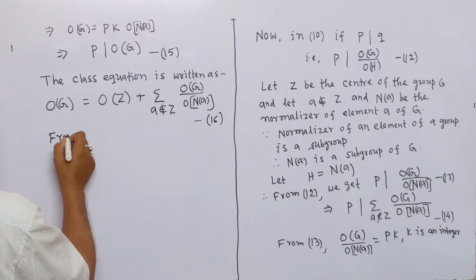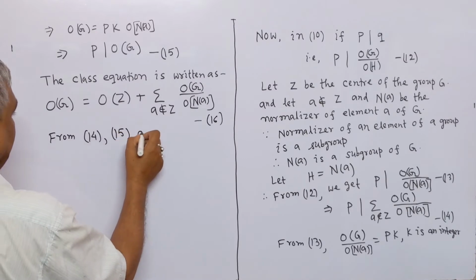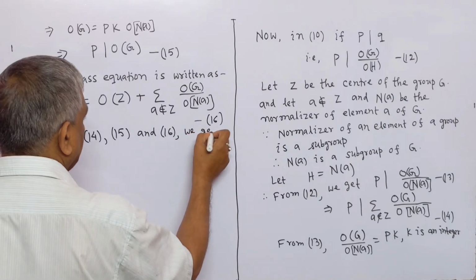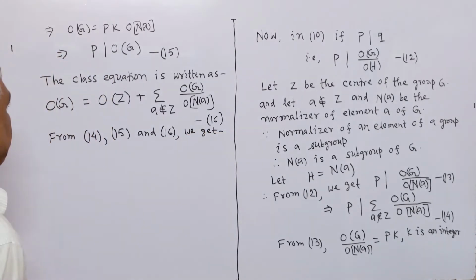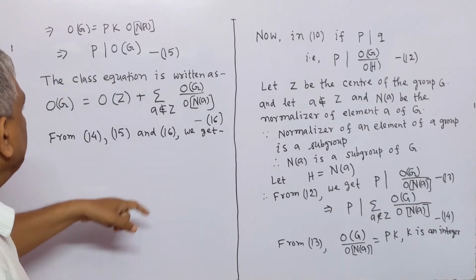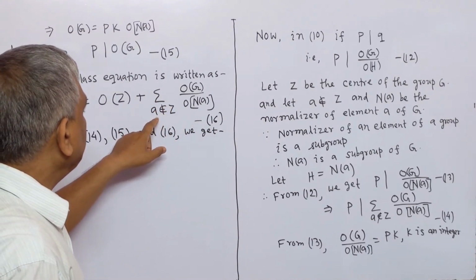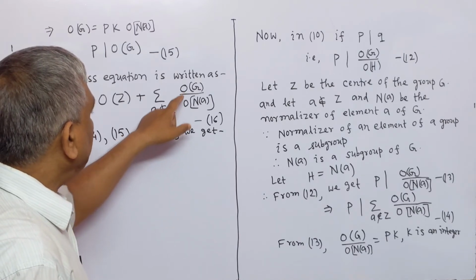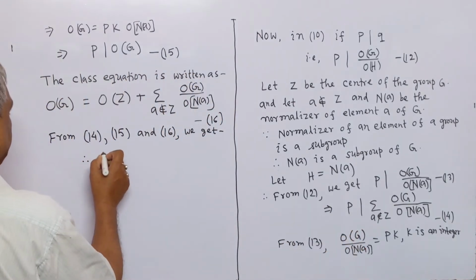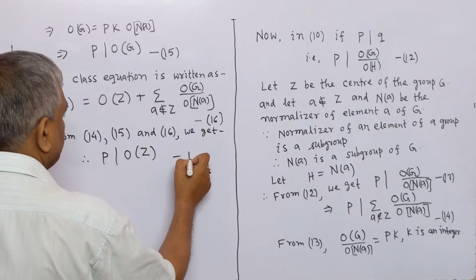From 14, 15 and 16 we get: here P divides order of G in 15. In 14, P divides the sum over A not belonging to Z of order of G by order of NA. Therefore, P divides order of Z. This is number 17.